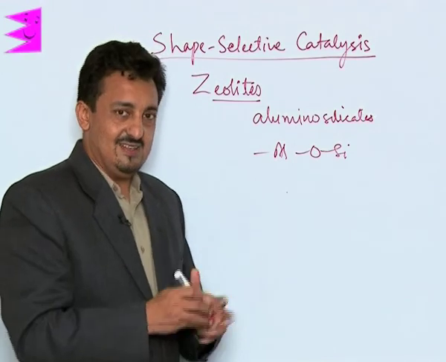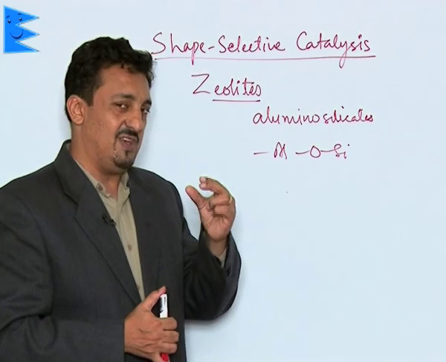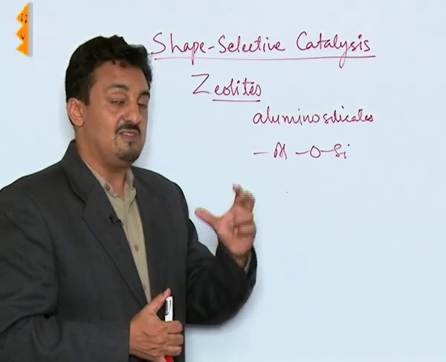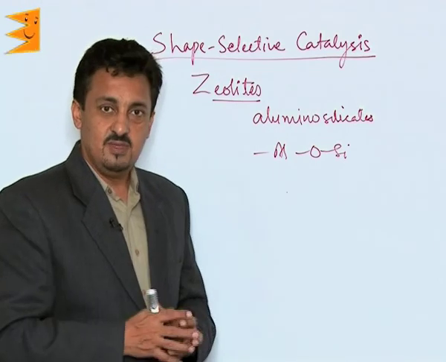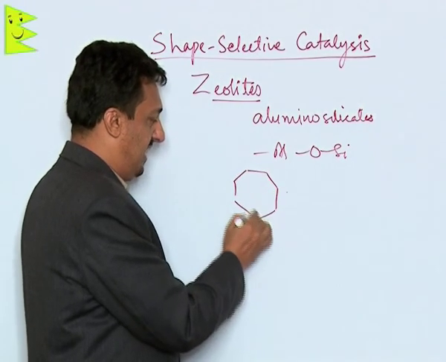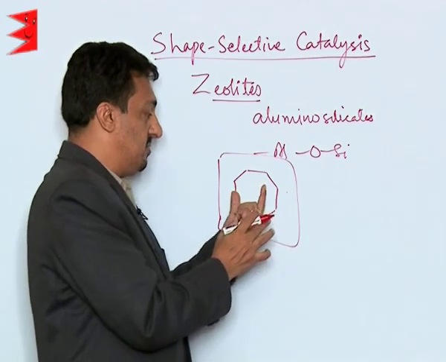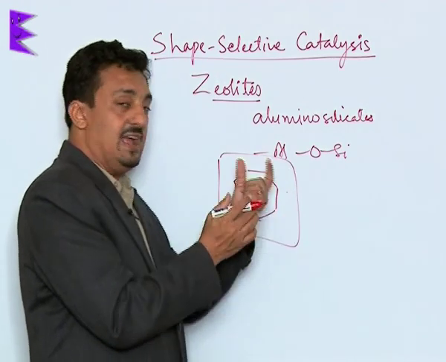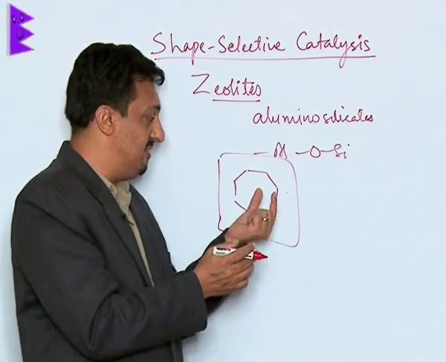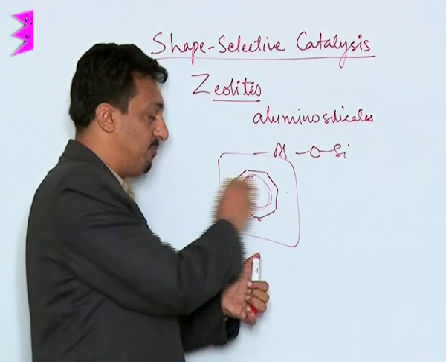Now these catalysts have pores of specific sizes on their surface, which resemble honeycomb structures. When these pores of specific sizes are available on the surface, these catalysts only absorb those reactant molecules which can fit into these pores.